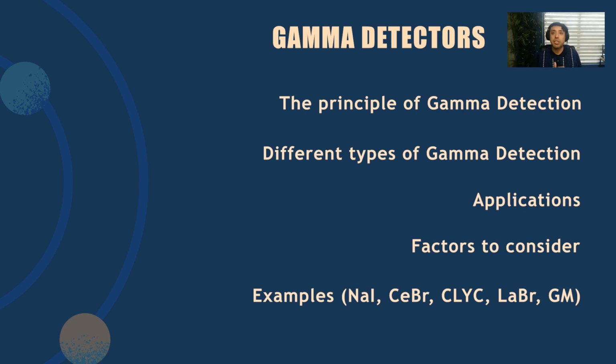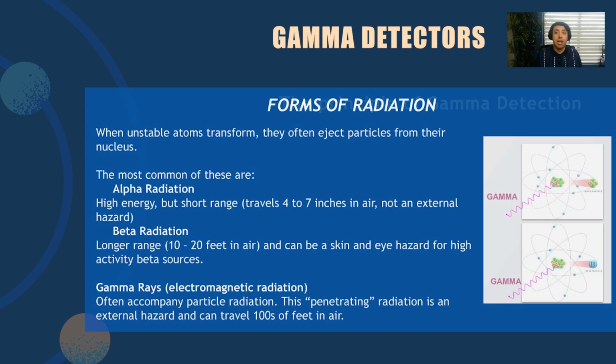So, understanding the principle of gamma detection and the various types of detectors available is crucial for selecting the right tool for specific applications.